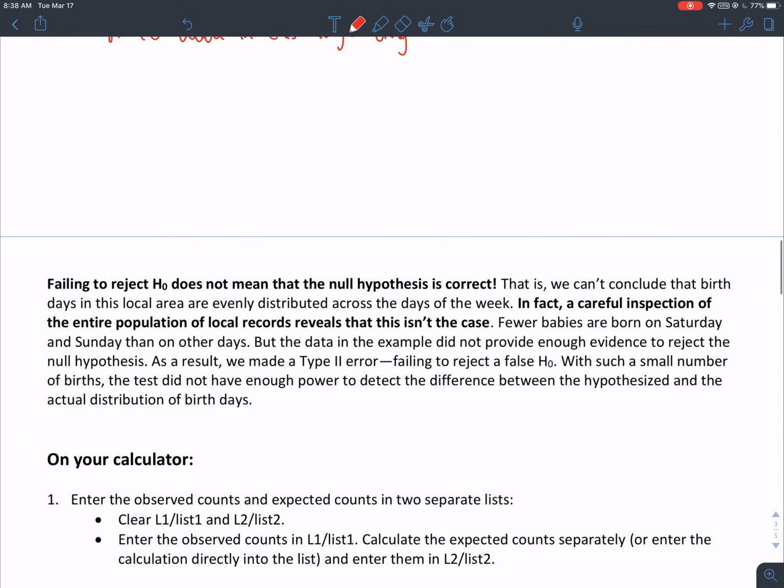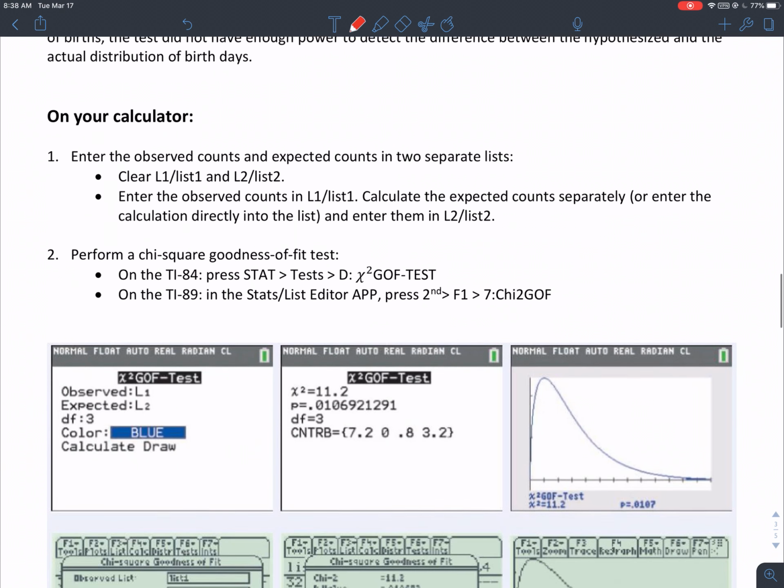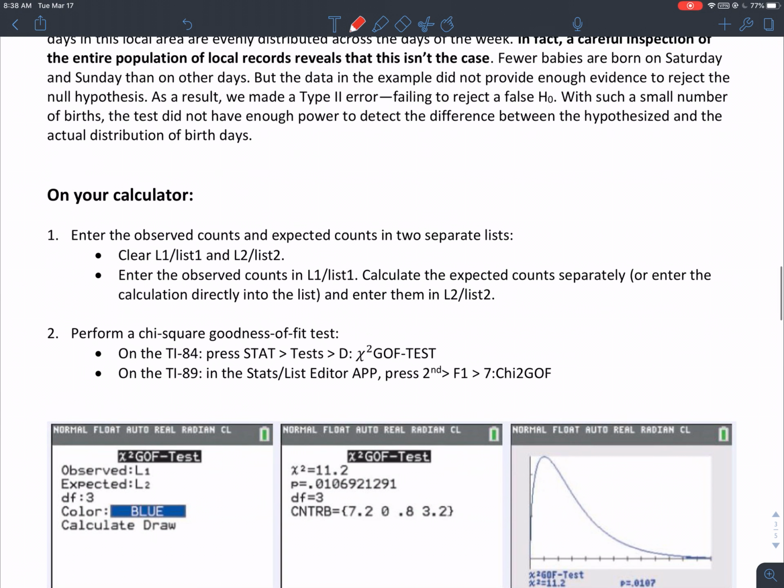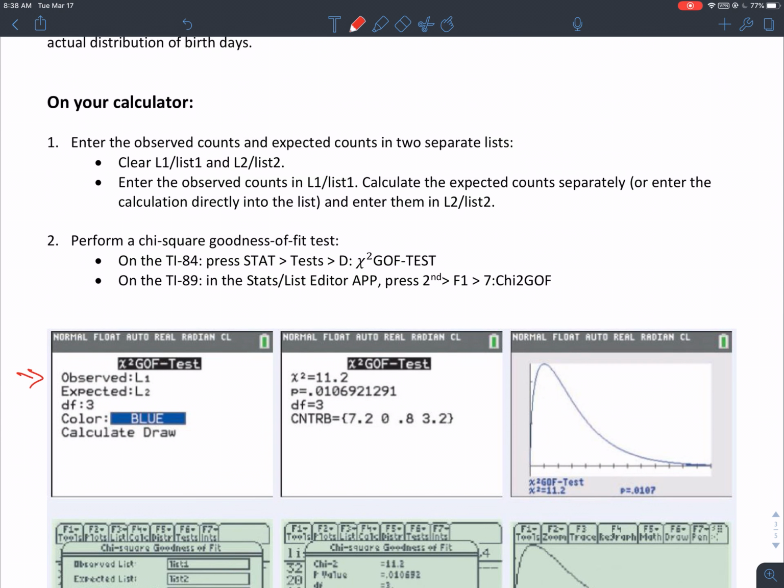Okay, guys, so let's see. I will make you a calculator tutorial of this. Basically, what it involves is going into list 1 and entering your observed, going into list 2 and entering your expected. And this is definitely not our hypothesis test, degrees of freedom 3. For us, we would have degrees of freedom 6. And then you would get a chi-square statistic.